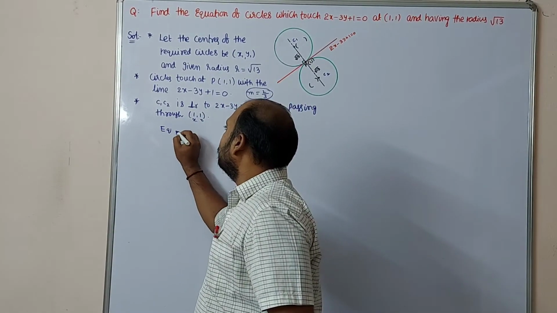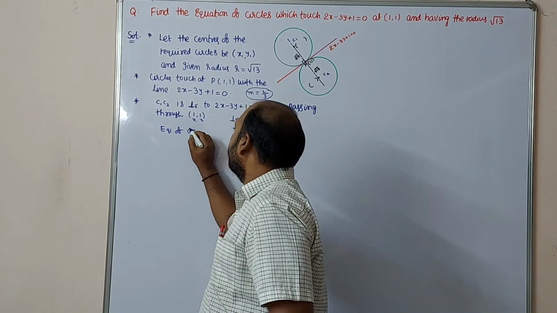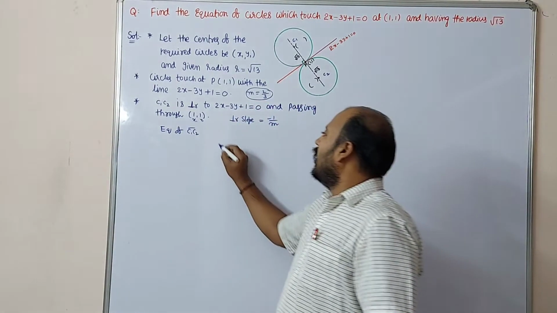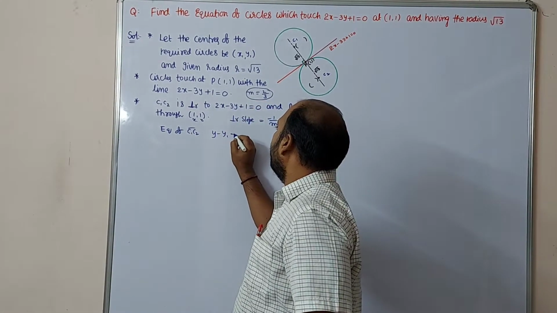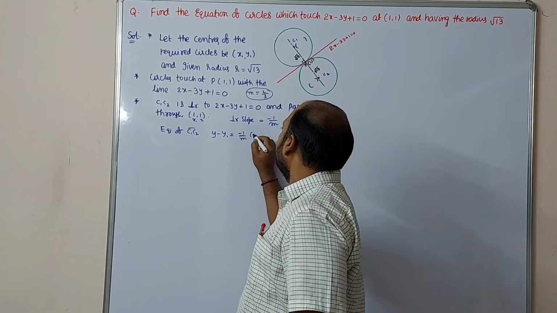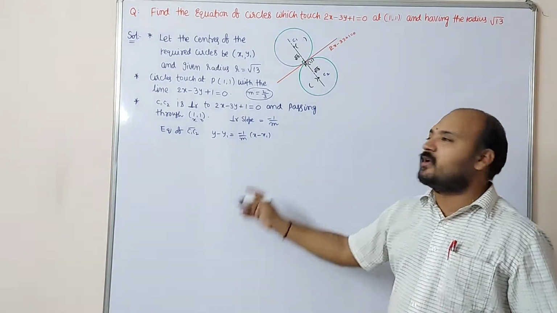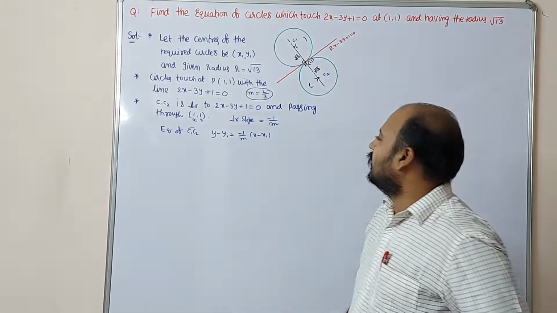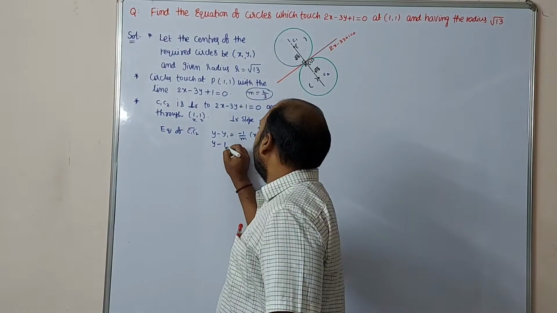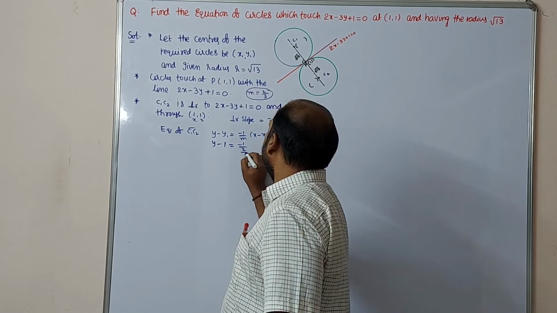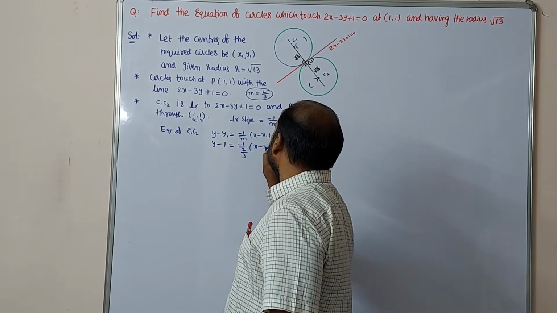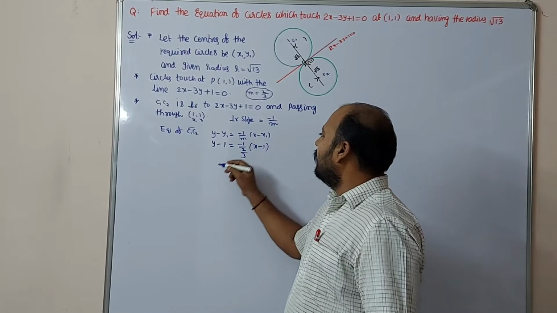Equation of C1 C2: y minus y1 equal to minus 1 by m into x minus x1. For understanding purpose, clearly I am writing, otherwise directly also we can write. y minus 1 equal to minus 1 by (2 by 3) into x minus 1, denominator numerator.